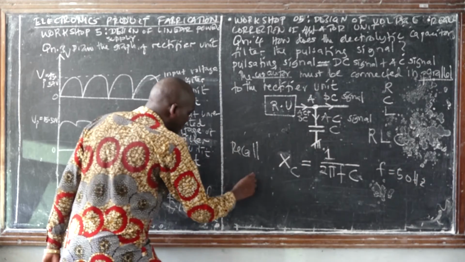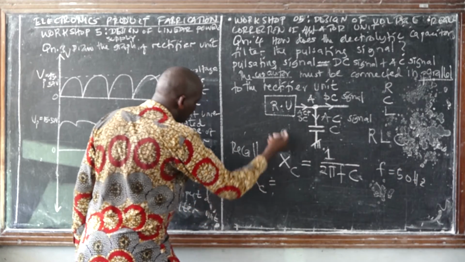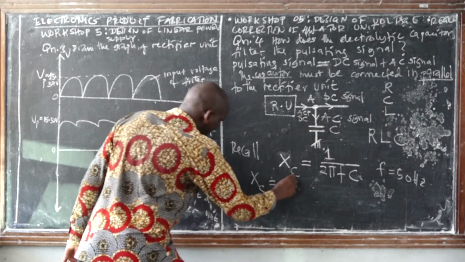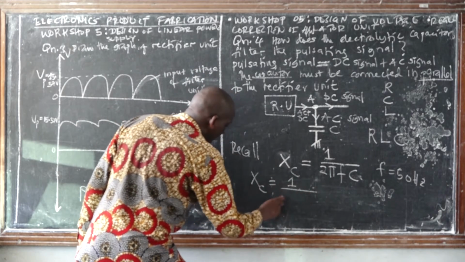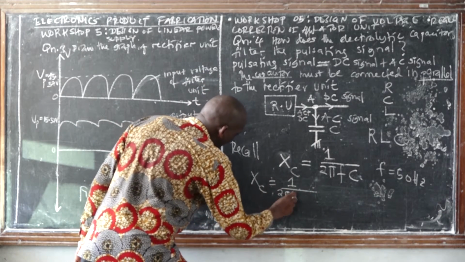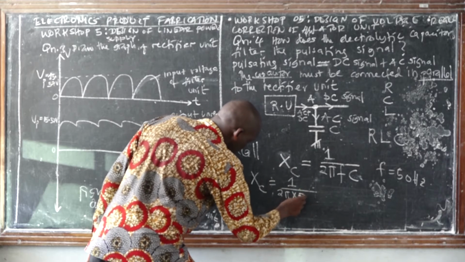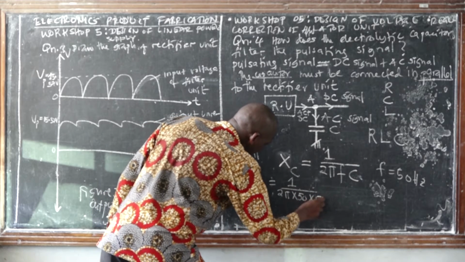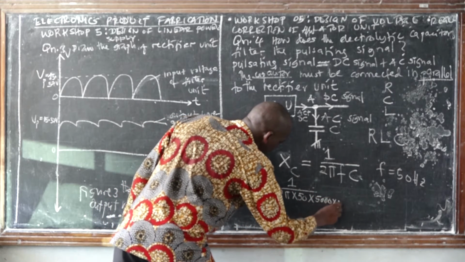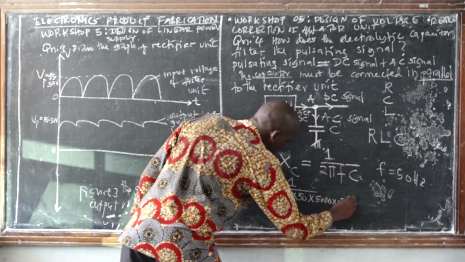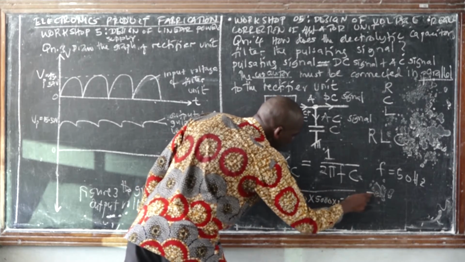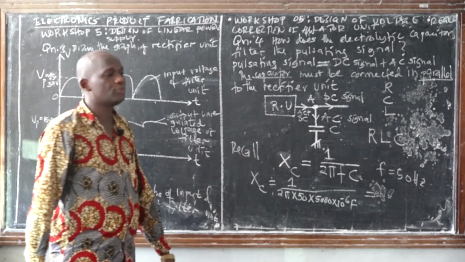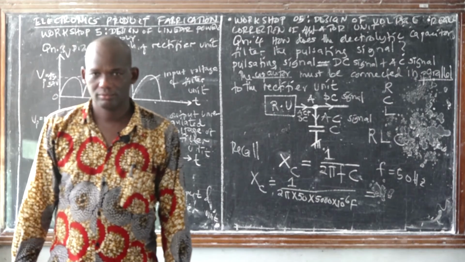So this electrolytic capacitor provides capacitive reactance, which will be 1 over 2 pi times the frequency, which is 50 Hz, times the capacitance, which is 5,000 exponent negative 6 farad. From here, you can compute the capacitive reactance of that capacitor.